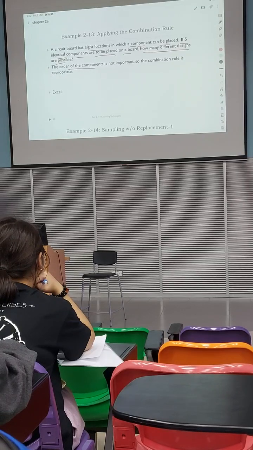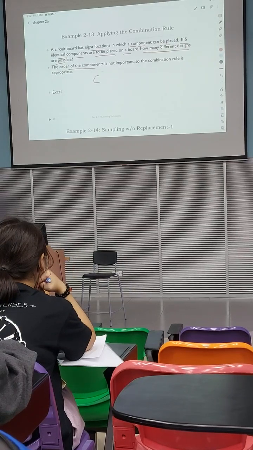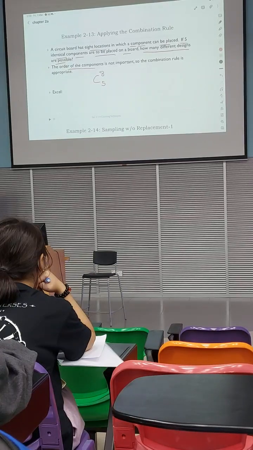In this case, very simple. We want to use combination. There are 8 locations, and we can place 5, so 8 choose 5. If we apply the formula, 8 factorial divided by 5 factorial divided by 3 factorial.